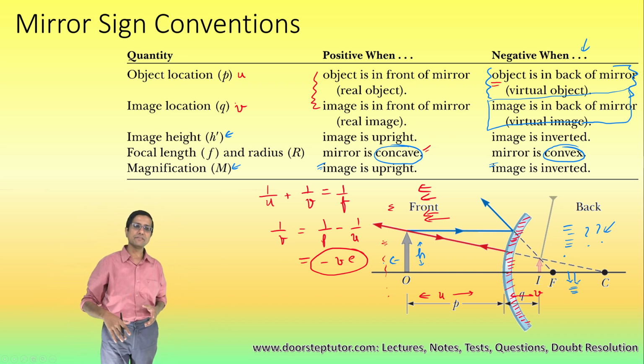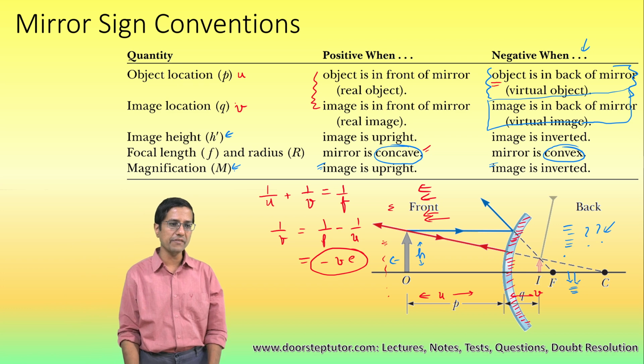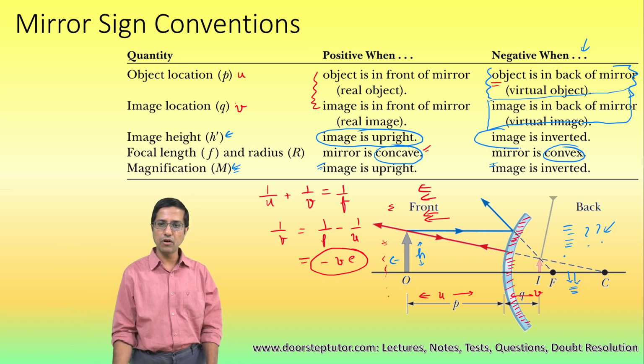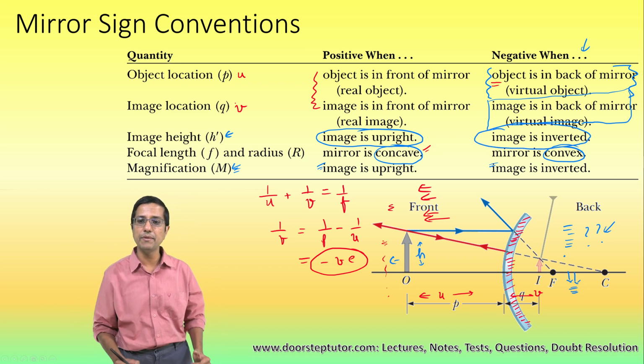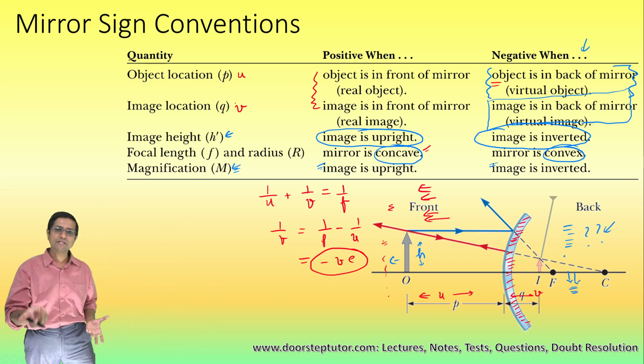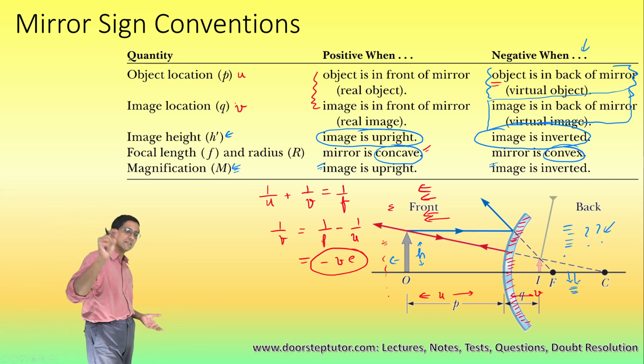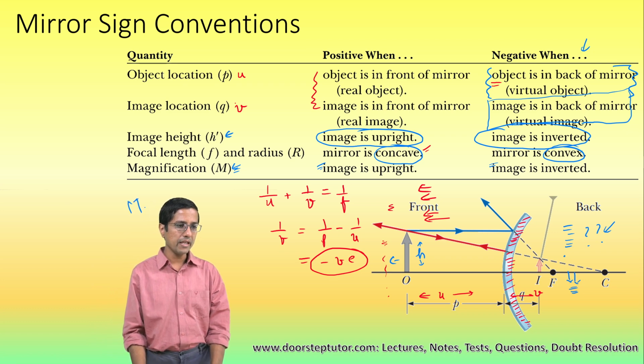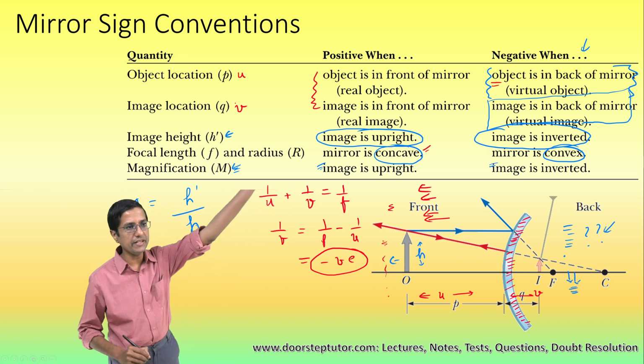If the image is inverted, then the magnification comes out to be negative. That is a natural consequence of the sign convention we follow for the heights: when the image is inverted, the image height is negative, and because of that the magnification, which is the ratio of the image height to the real height, comes out to be negative. That's something we studied in the last class.